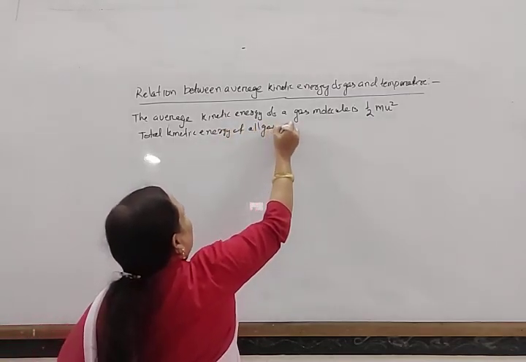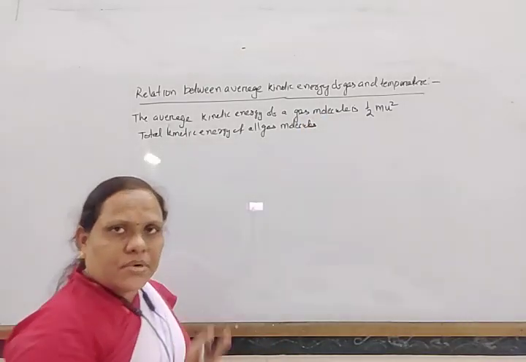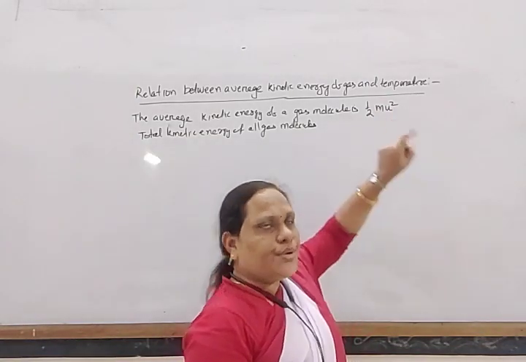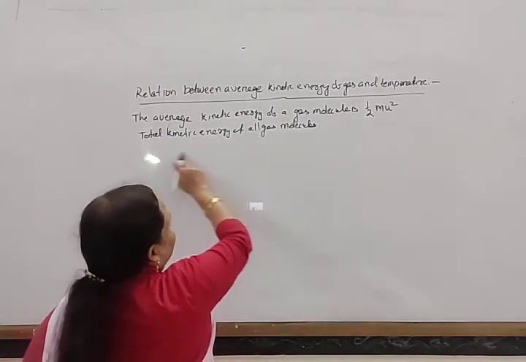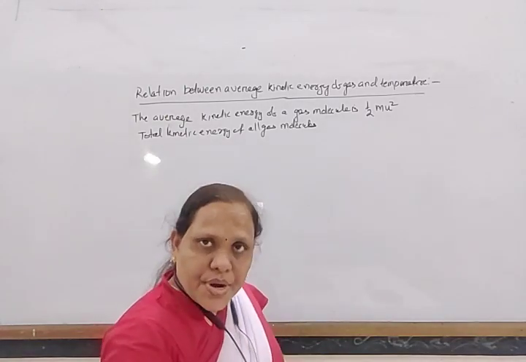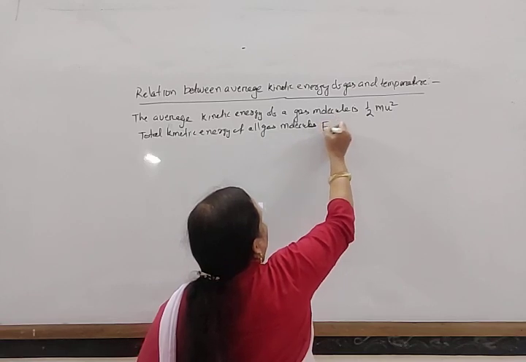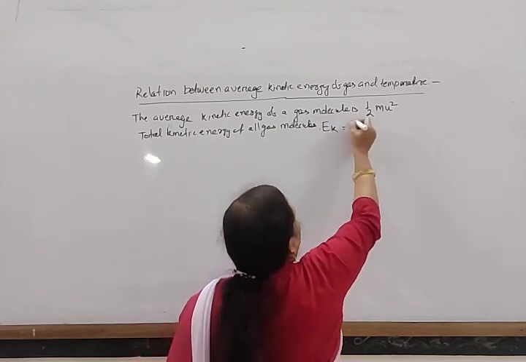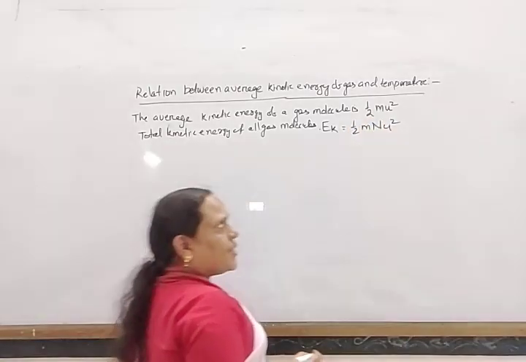Then the total kinetic energy of all gas molecules. If there are N number of molecules, half m u square, where m is the mass of one molecule and u is the velocity of the molecule, then for Avogadro's number of molecules, the kinetic energy Ek is equal to half m N u square.